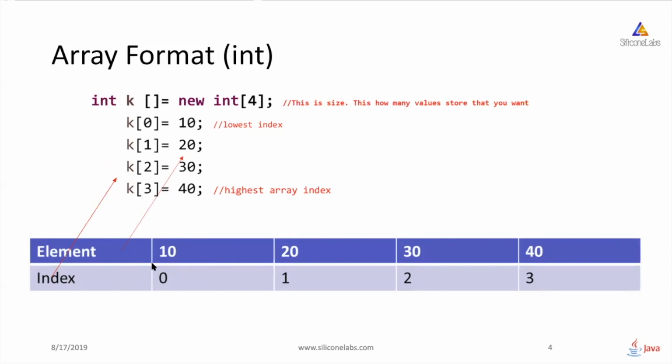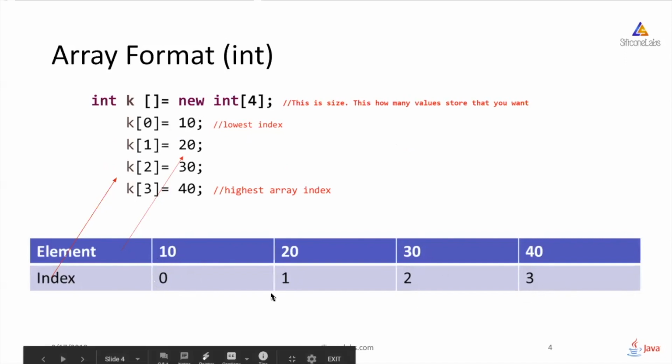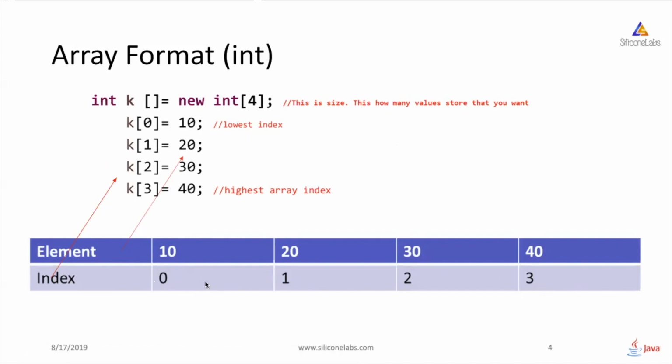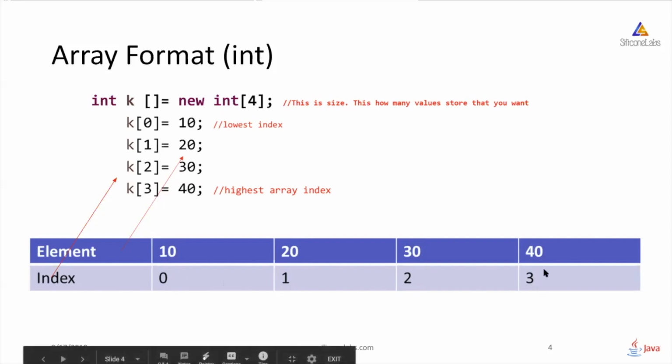If we create a 4-element array, we are basically creating a row of a table, and we assign these values to the row of the table. So index number 0 is 10, index number 1 is 20, index number 2 is 30, and index number 3 is 40.